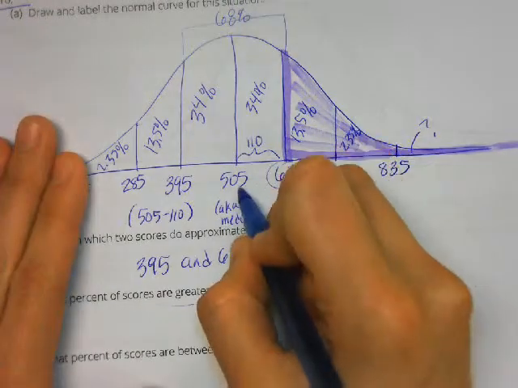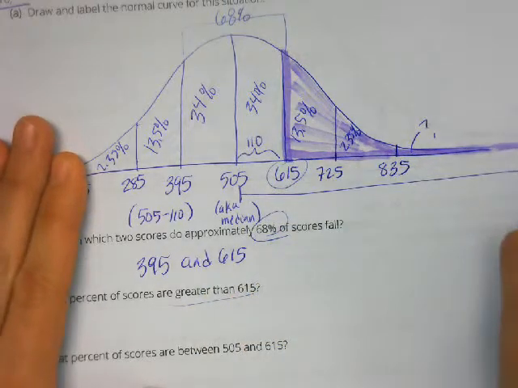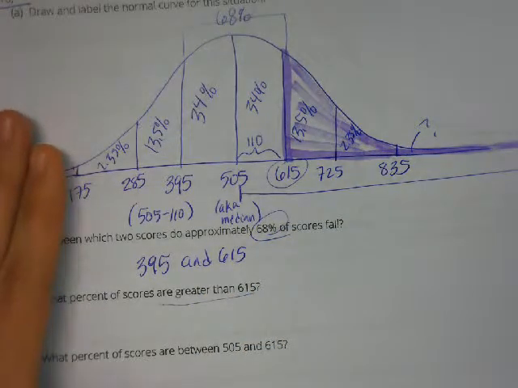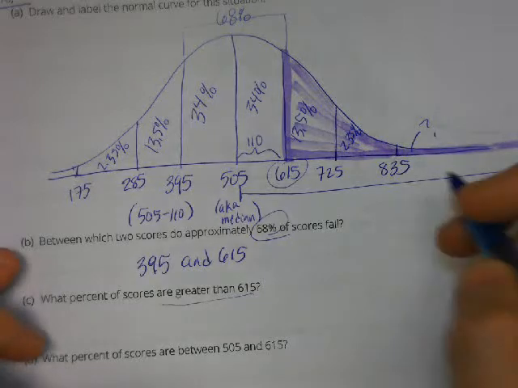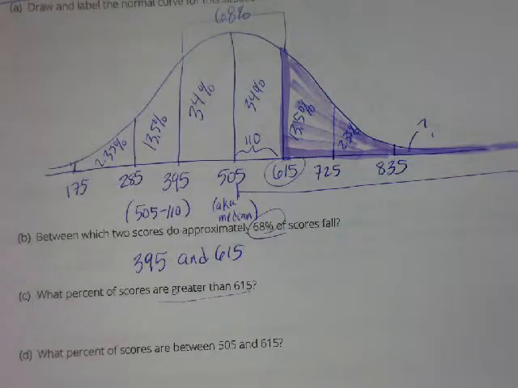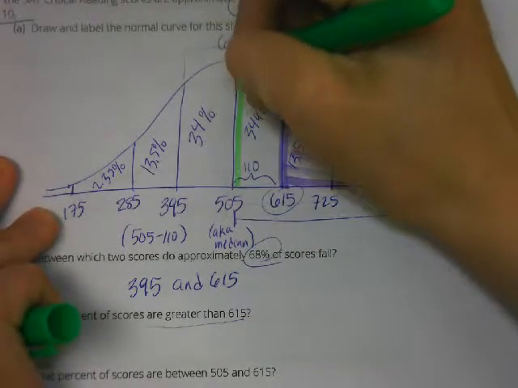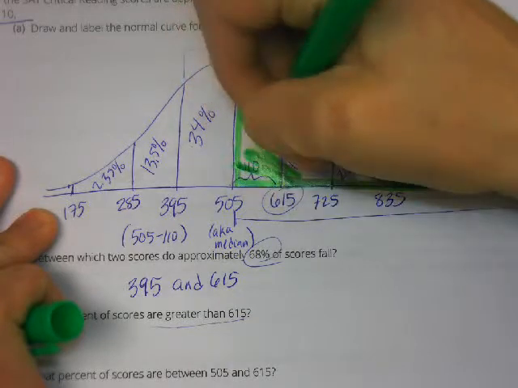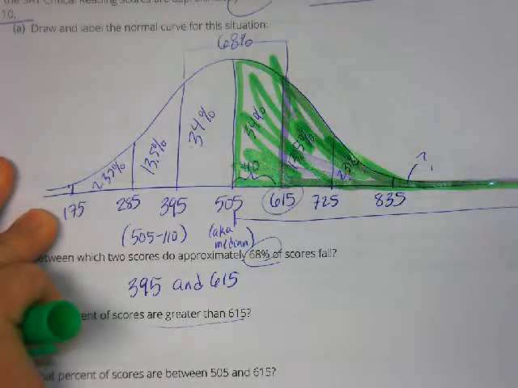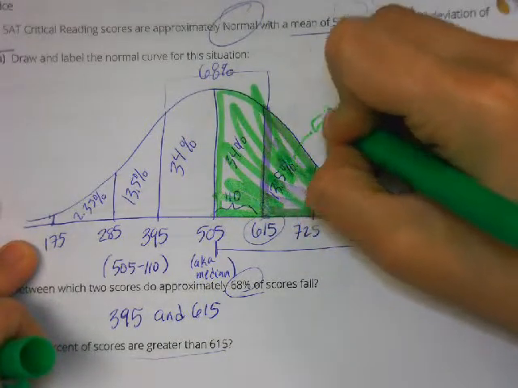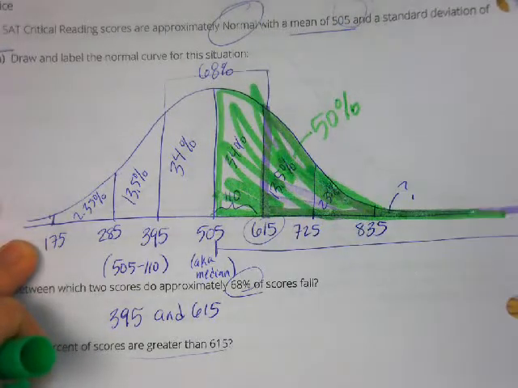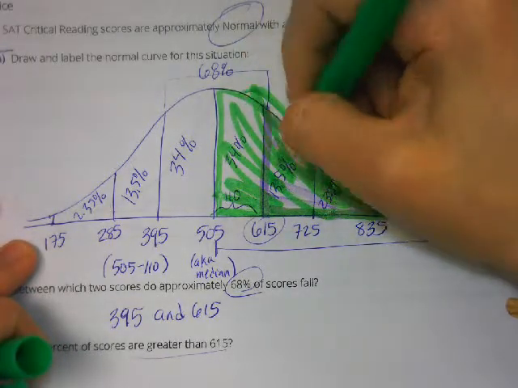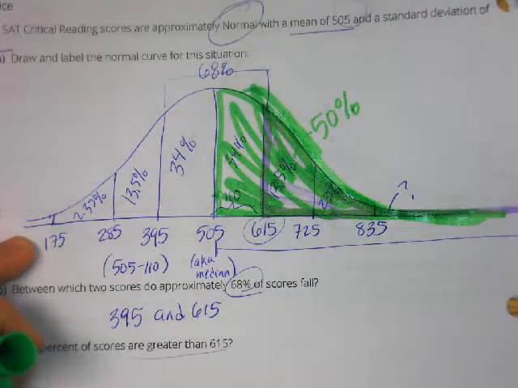So from the median all the way to positive infinity, if I had a curve, I'll shade it in green if that helps. So from the median all the way to positive infinity, that's 50%, the green area, all of that green area, okay?